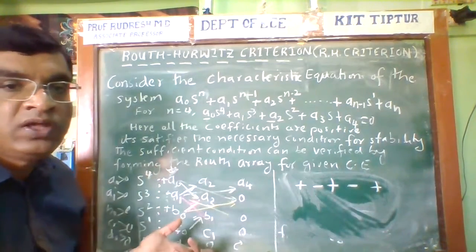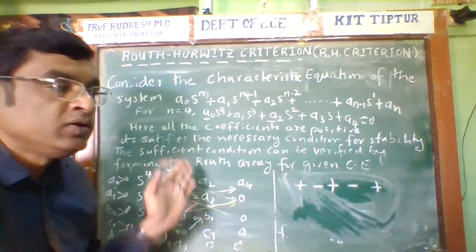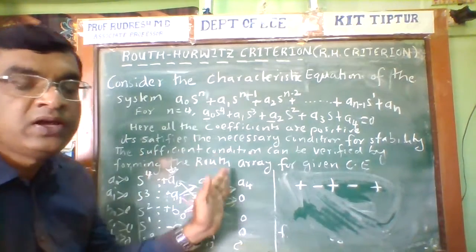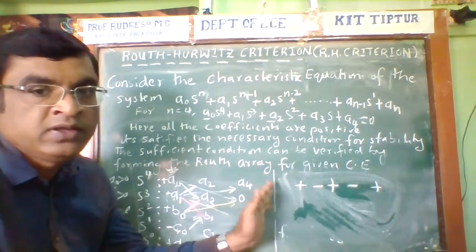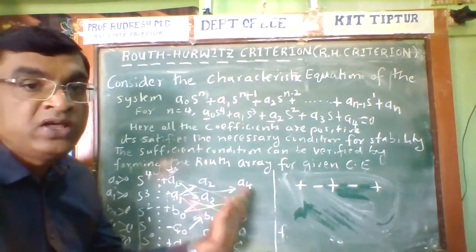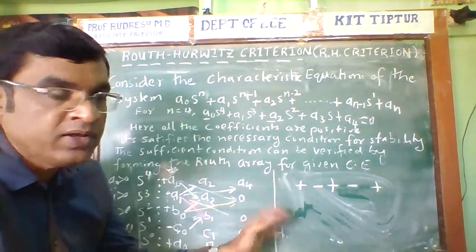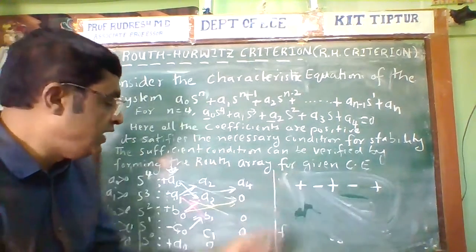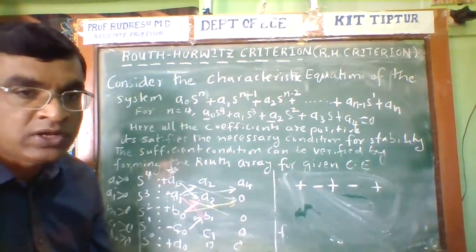Then we need to find out, if it is unstable, that some roots are lying on the right half of the S-plane. How many roots are lying on the right half of the S-plane? That can be decided by the sign changes in the first column of the root array.